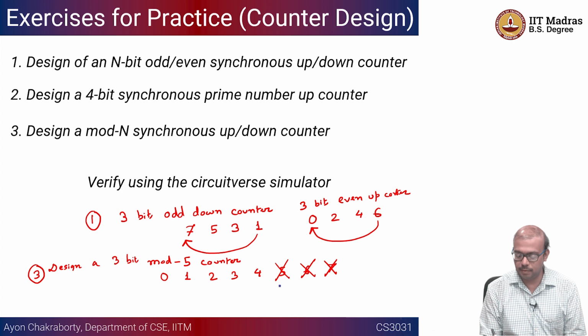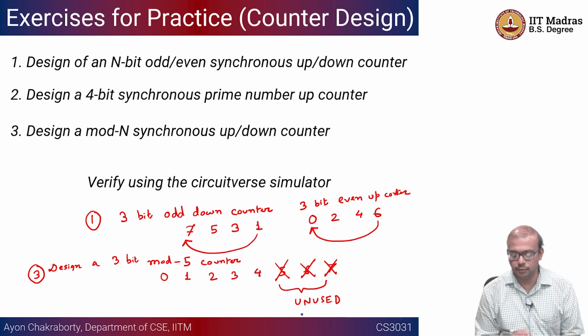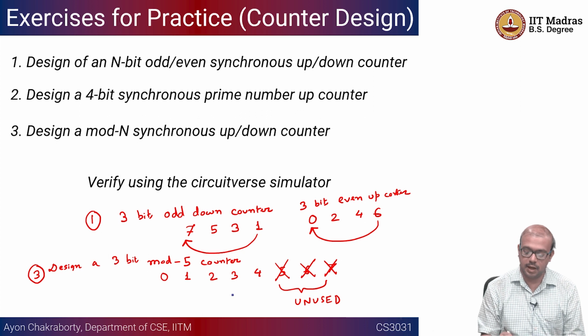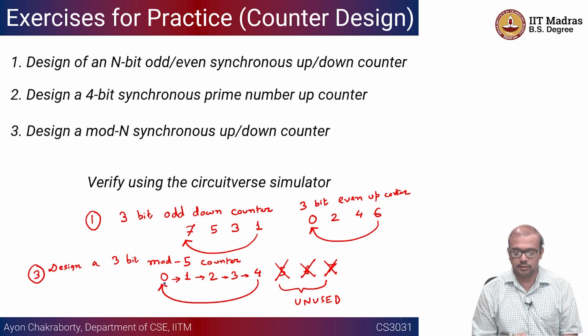Okay, so these will be unused, because you are using 5 states, right? 0, 1, 2, 3, 4. There are 5 states. You do not have the option to use 2 flip-flops. You have to use 3 flip-flops, and this is going to be the counting sequence and back. Okay, so this is called a mod n counter design.